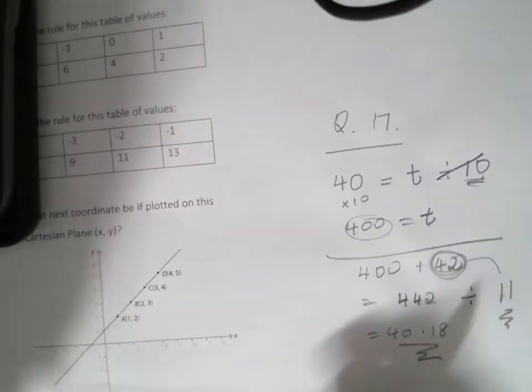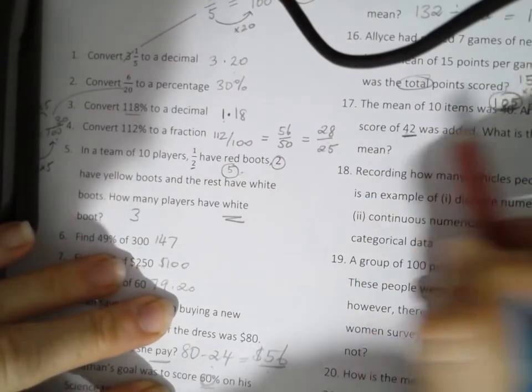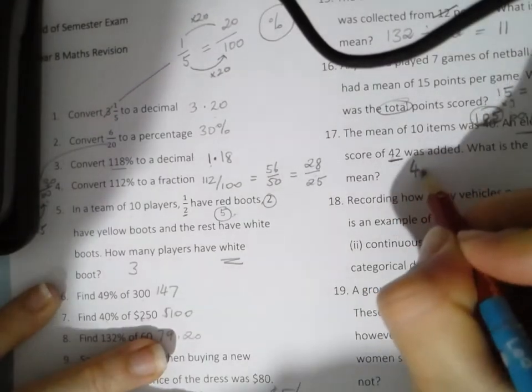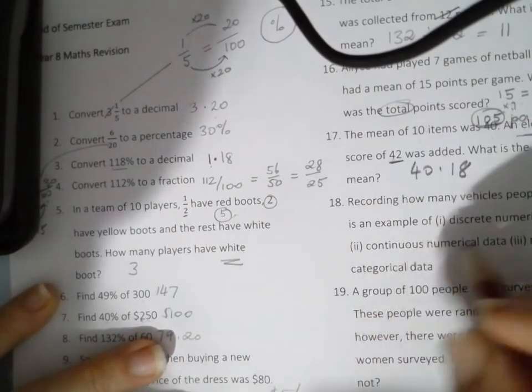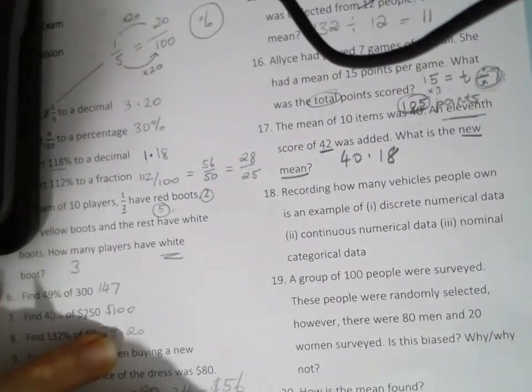So that's our new mean, which is pretty close to the other one, so we know we're correct. Okay, the mean was 40, but now the mean is 40.18 because we added in our 11th score.